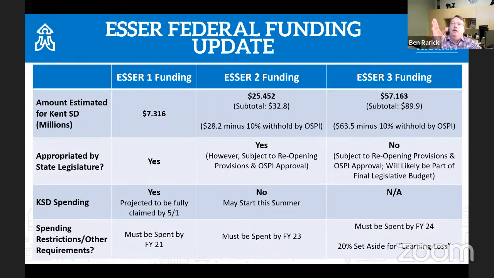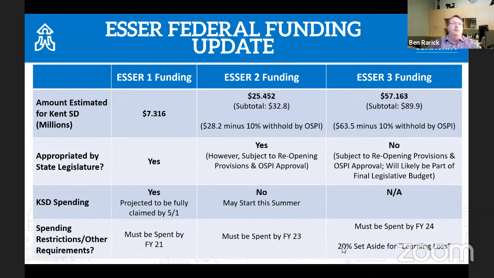So you see that ESSER 1 needs to be spent by this year, and we'll have no problem doing that. ESSER 2 takes us out to the 22-23 school year, and then ESSER 3 actually extends it by another year. So there'll be some strategy in terms of how to smooth it across the years. But a very key provision of ESSER 3 was that it gave us that extra year. That was really important.